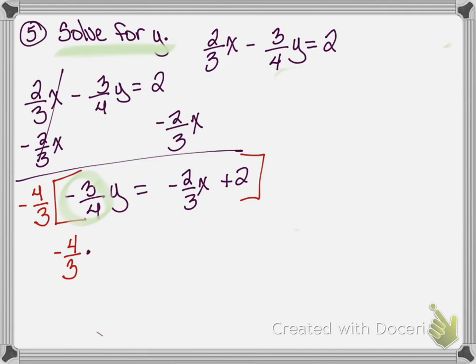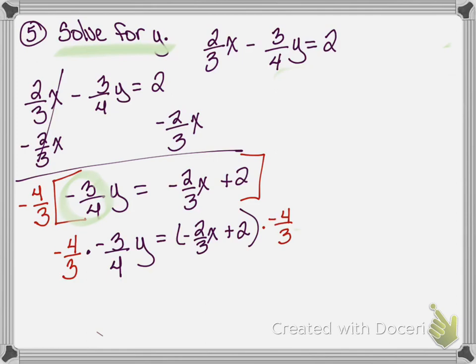So here I've got negative 4 over 3 times negative 3 over 4. And I'm going to multiply everything on this side times that. Okay, so I am going to have to distribute this negative 4 over 3.